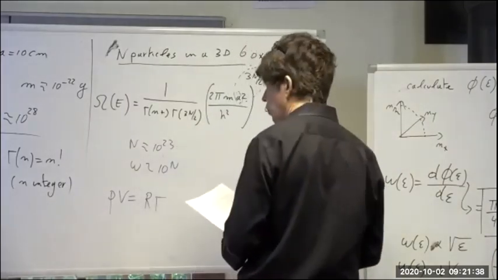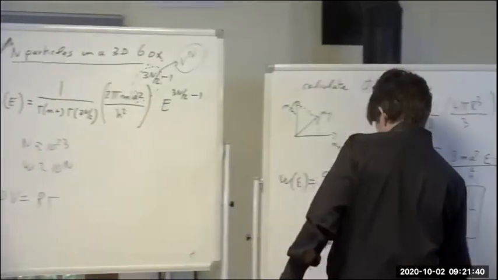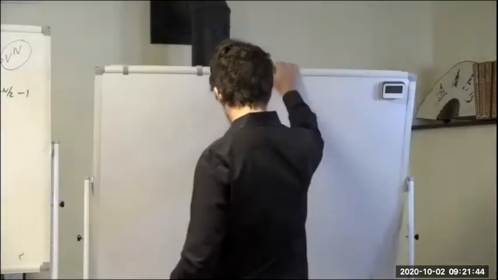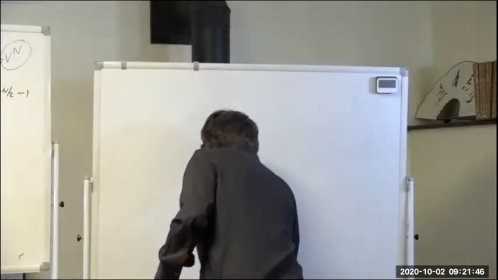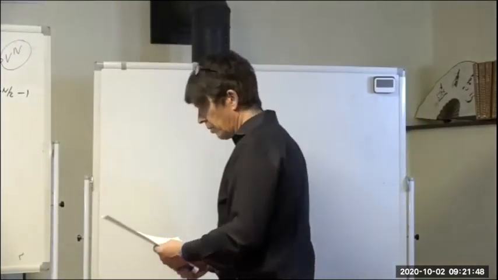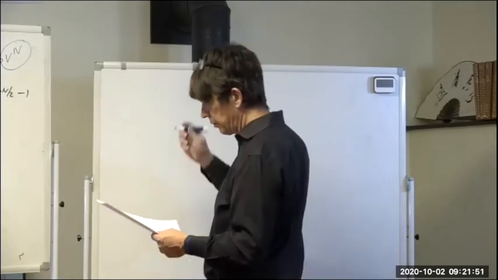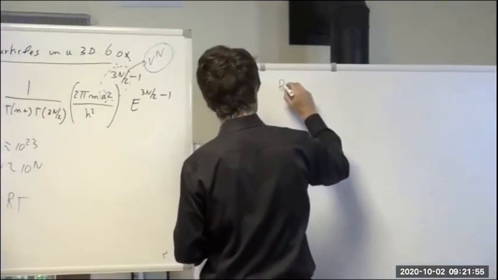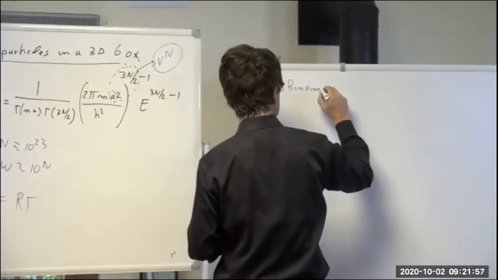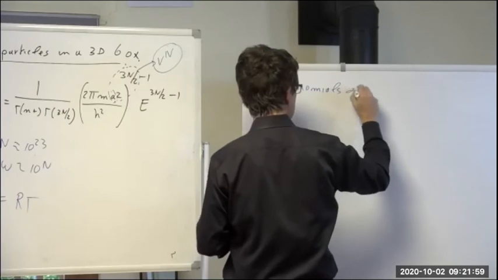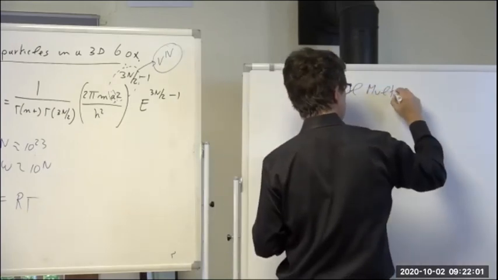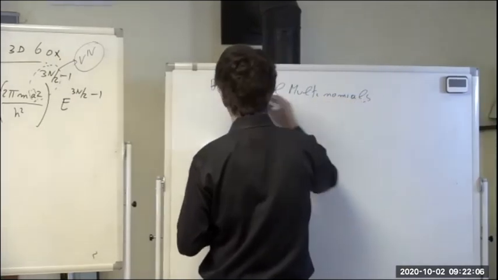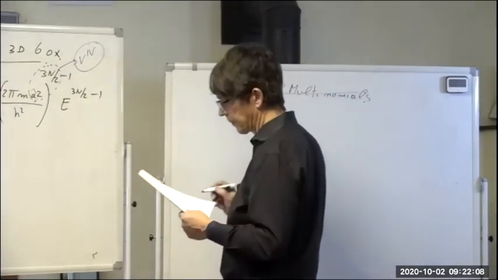Okay, let me quickly do a few things to warm us up for next lecture, so we don't have to do too much math in the next lecture. And you could also read about it if you don't know how to do this. In statistical mechanics, we use a lot of binomials and multinomials. And you know what these are, right?